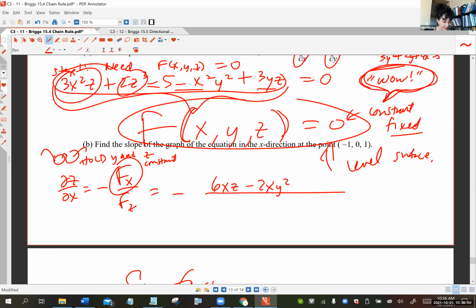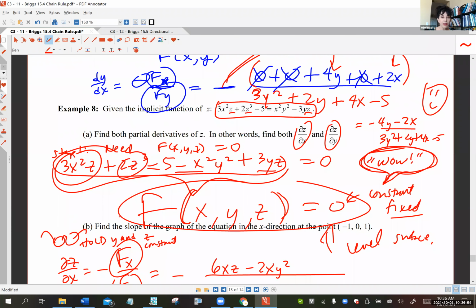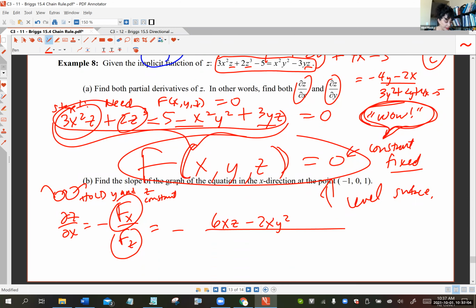I'm done. Now let's do the denominator. Take the partial of big F all over again, but with respect to z. That means you're going to put on a different set of glasses, and it's going to look like x and y are pure numbers. Okay, differentiate with respect to z. Derivative of 3x squared z with respect to z: 3x squared.